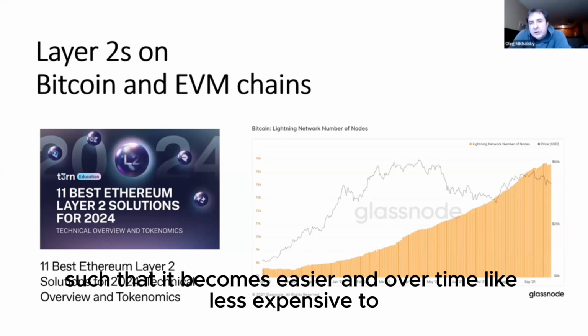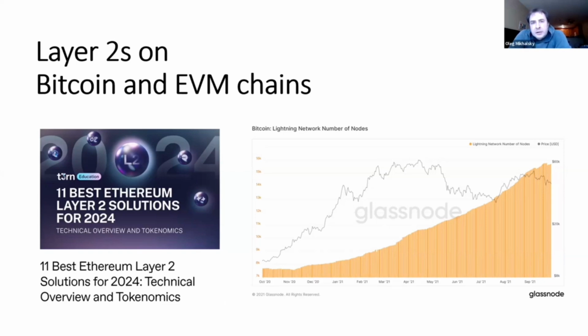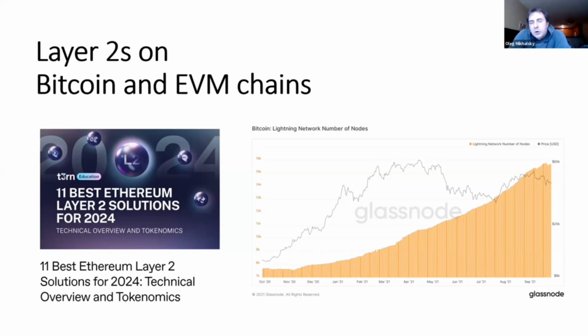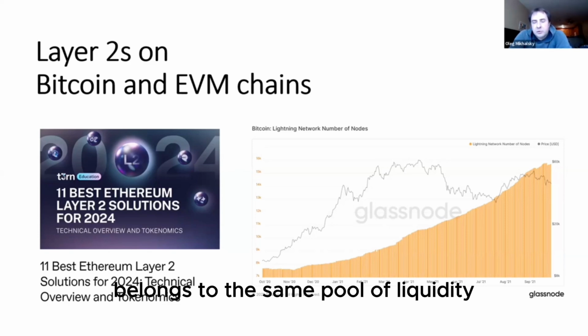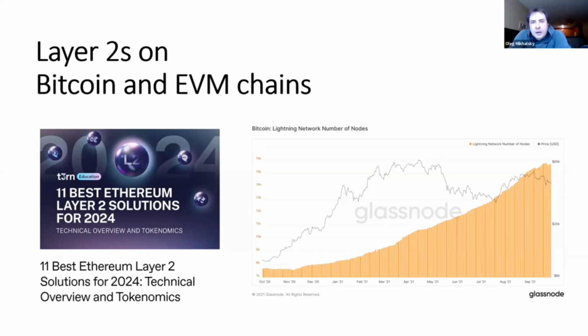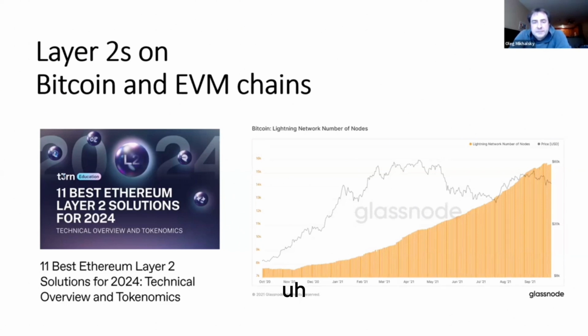Every developer effort is actually concentrated on solidifying layer one and layer two, such that it becomes easier and over time less expensive to build using Bitcoin scalability layers, and all the liquidity in the Bitcoin scalability layers belongs to the same pool of liquidity, or at least is interchangeable through swaps with native Bitcoin security models, such as atomic swaps.